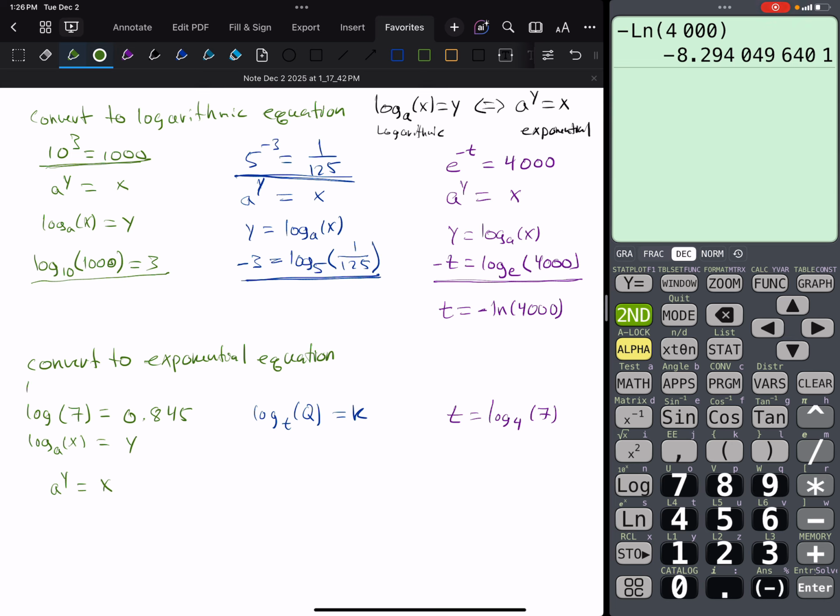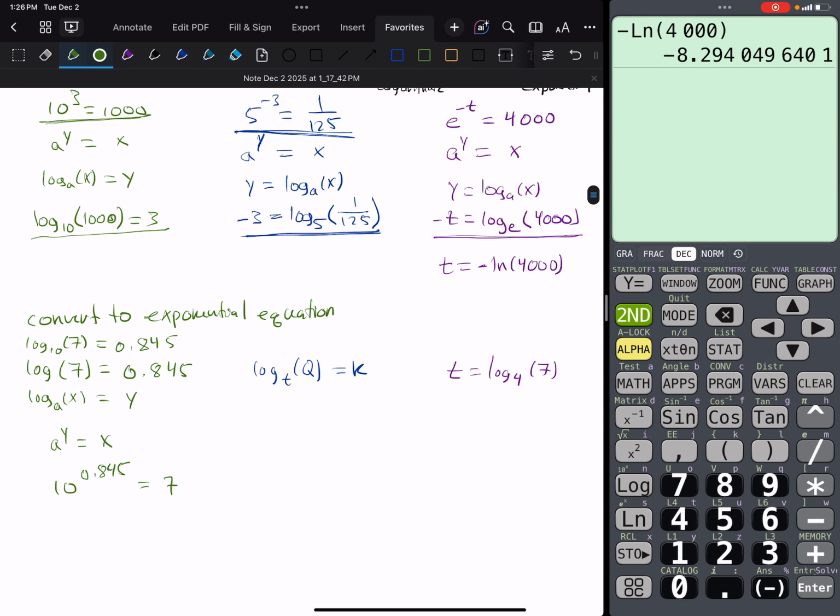And so this is really log base 10 of 7 equals 0.845. And so that becomes 10, because my a is 10, to the y, which is 0.845, and that's going to equal my x, which is the argument, 7. And that makes sense because raising a number that's larger than 1 to a power that's less than 1 is going to reduce the size of that number.